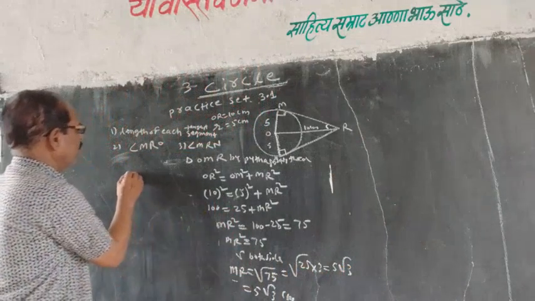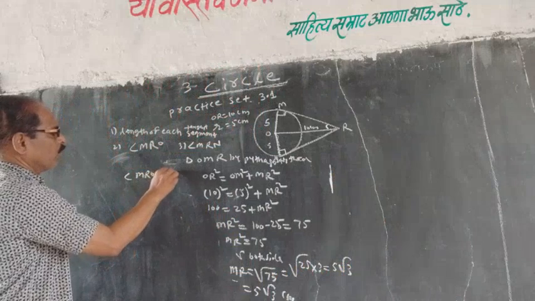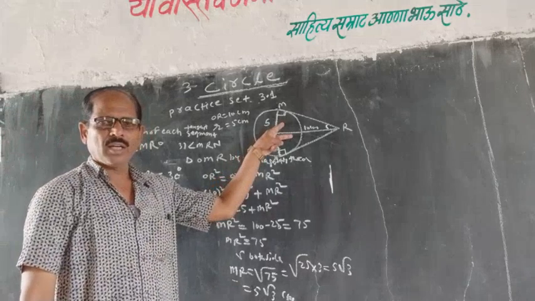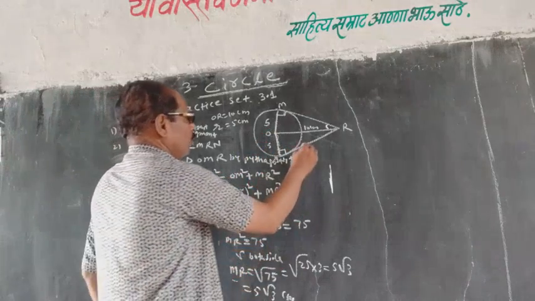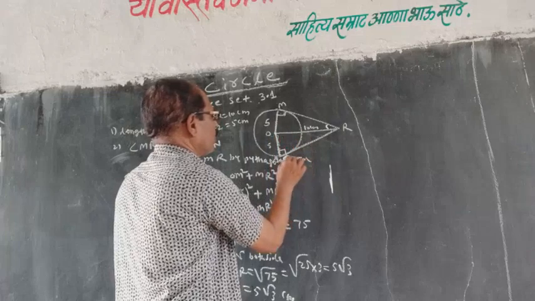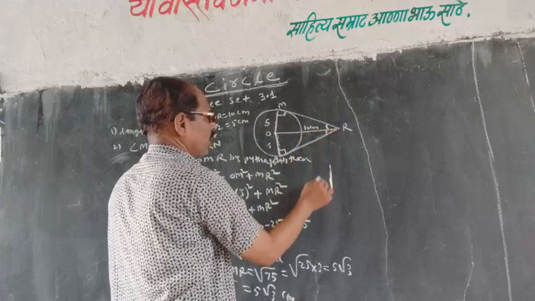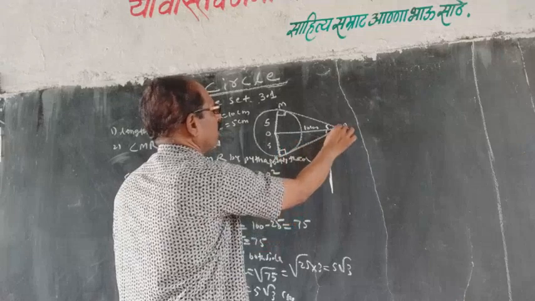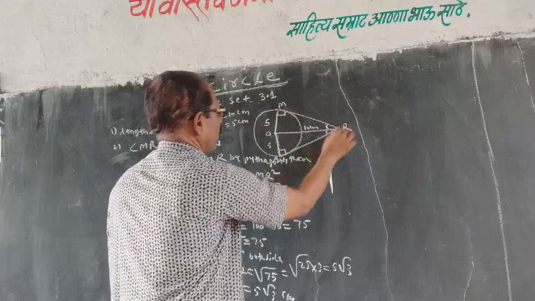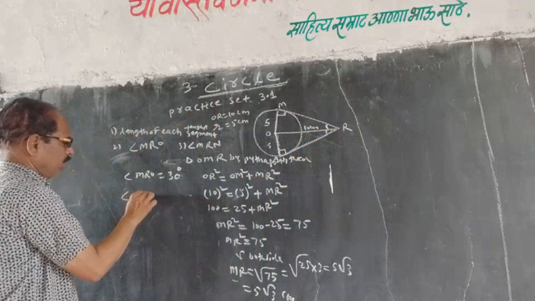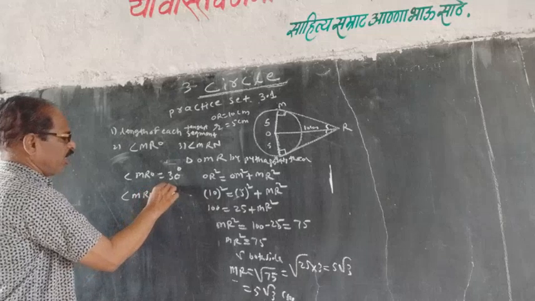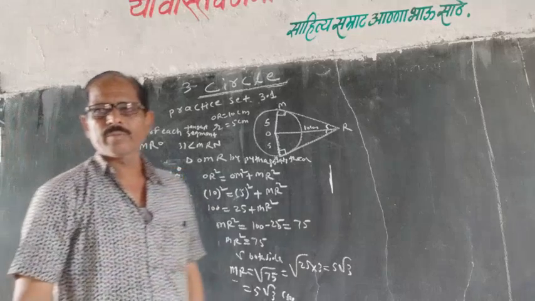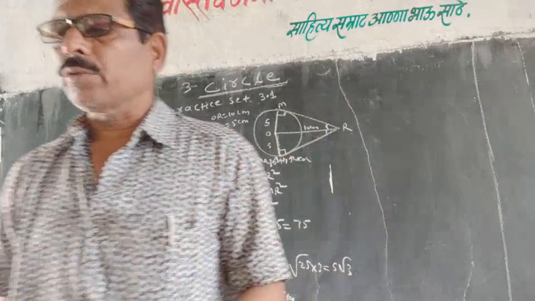Therefore, angle MRO is equal to 30 degrees. And these two triangles are congruent triangles. So angle MRO is congruent to angle NRO. Therefore, measure of angle MRO plus measure of angle NRO means measure of angle MRN. 30 degrees plus 30 degrees is 60 degrees. This is the second question.